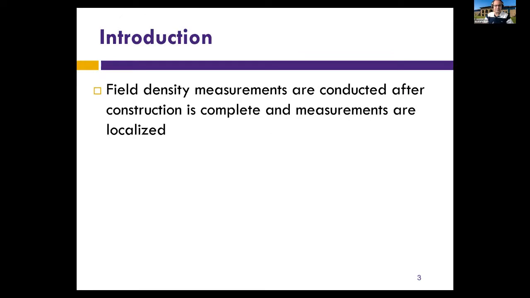So, as I said, usually identifying thermal segregation is a challenge because you need to measure the temperature during construction. And usually it is only detected after completion of the construction. The way it is detected is that you will conduct field density measurements after compaction, and you will find that the area has reduced density as compared to other locations in the pavement.